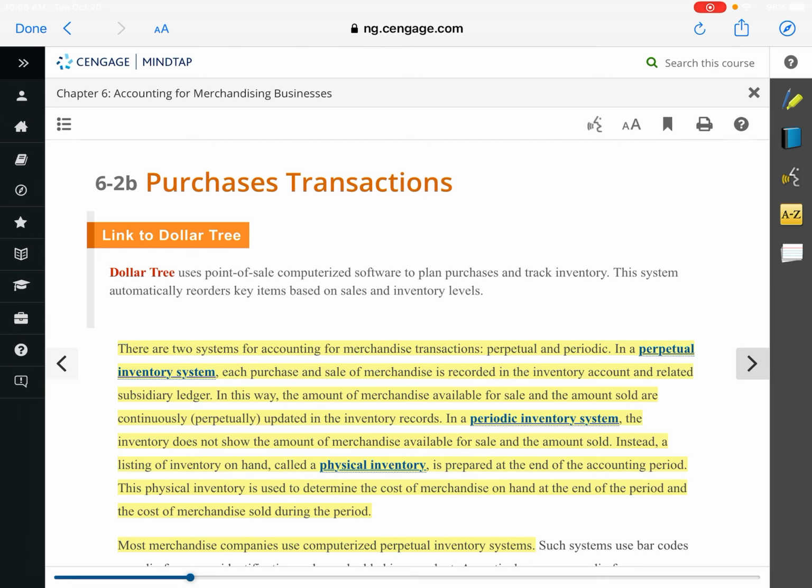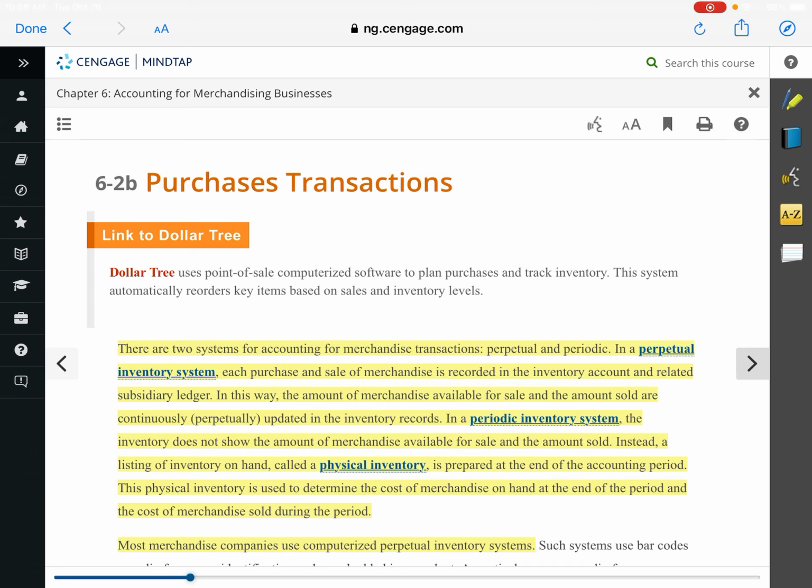In saying that, there are 2 different ways that a company can track their inventory system. One is called perpetual and one is called periodic. In a perpetual inventory system, every time you make a purchase of inventory or every time you sell inventory, a journal entry is created.